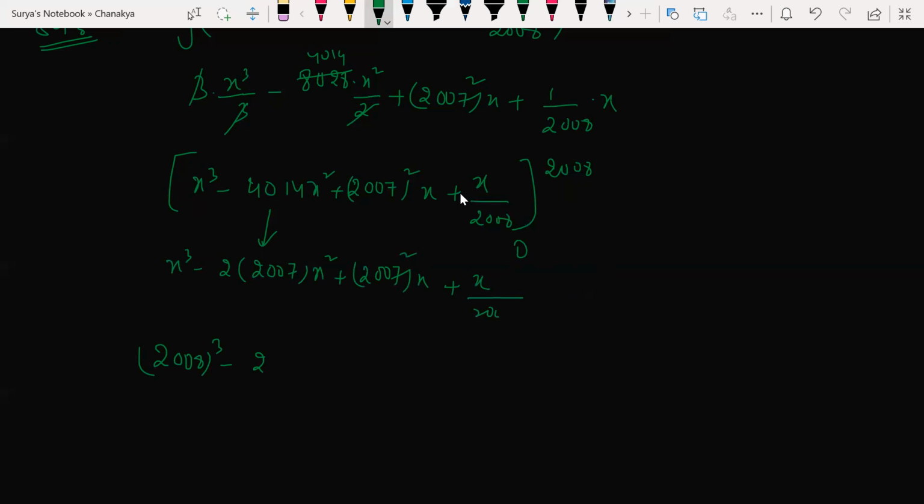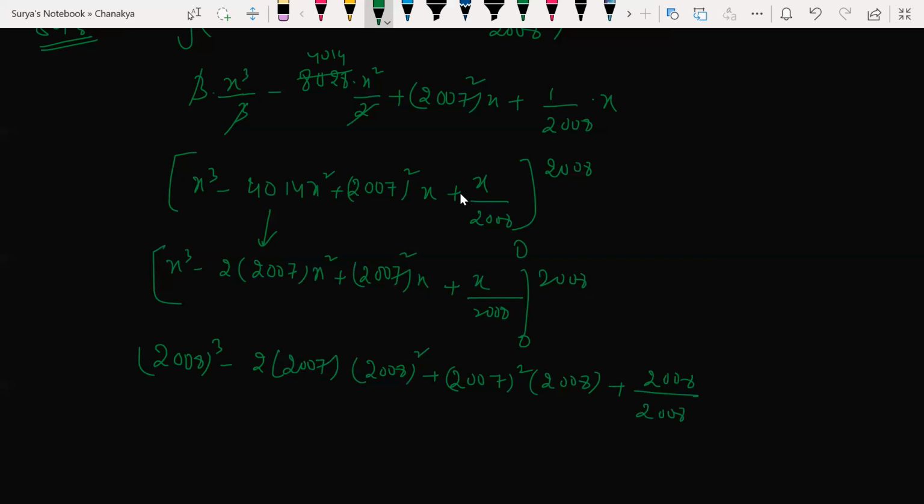Now it is easy for me to do the calculation. Substituting the limits, x cube is nothing but 2008 whole cube minus 2 into 2007 into 2008 whole square plus 2007 whole square into 2008 plus 2008 divided by 2008.